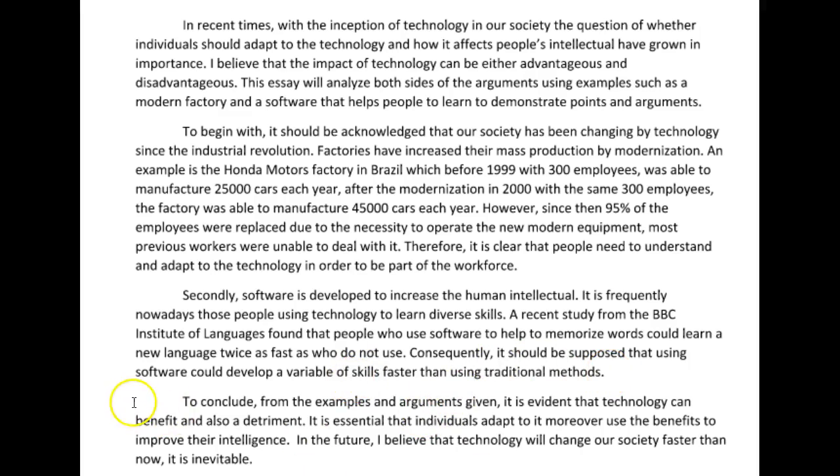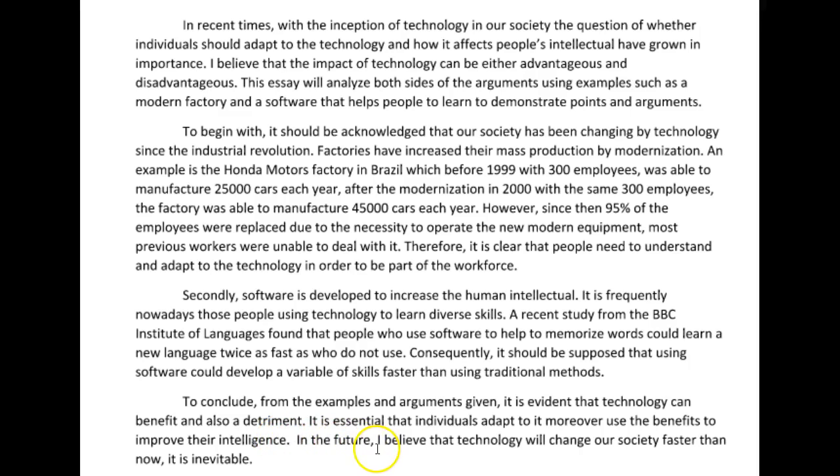To conclude, from the examples and arguments given, it is evident that technology can benefit. Let's say it is evident that technology can be both beneficial and detrimental. It is essential that individuals adapt and, moreover, apply the benefits with a view to improving their intelligence, with a view to.